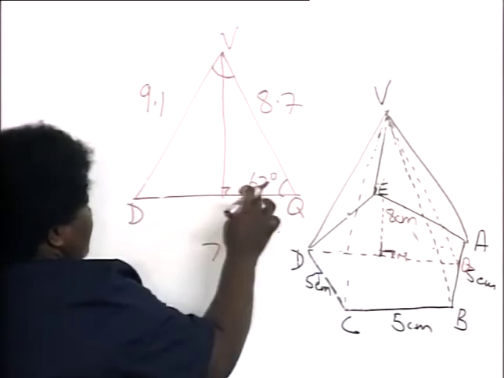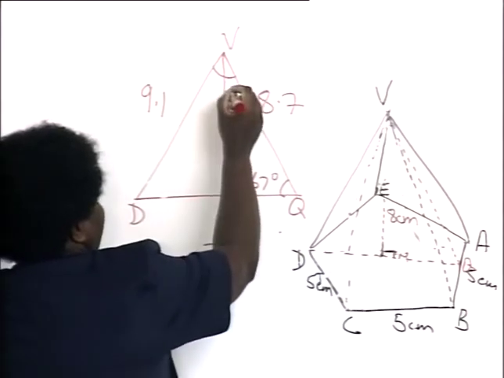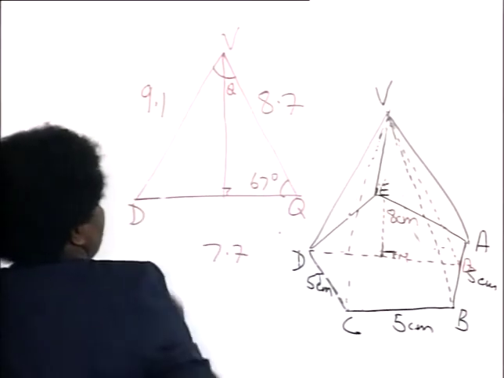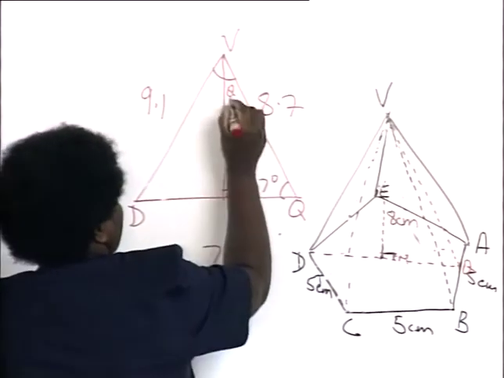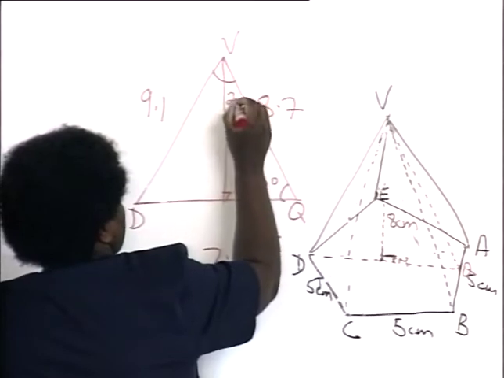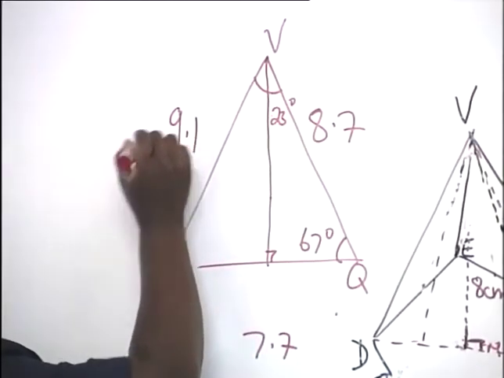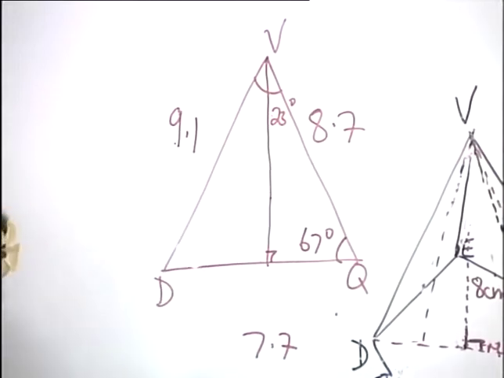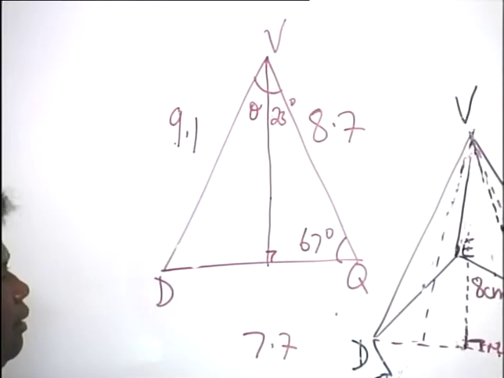Okay, at 67 degrees, I have to find this, which is 23 because this is a right angle. Okay, that's 23 degrees. If I find this, then I'll use it with this one to find this angle and add it on to 23.